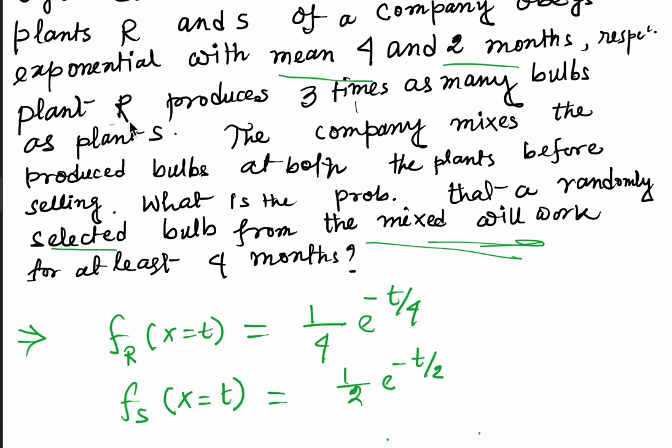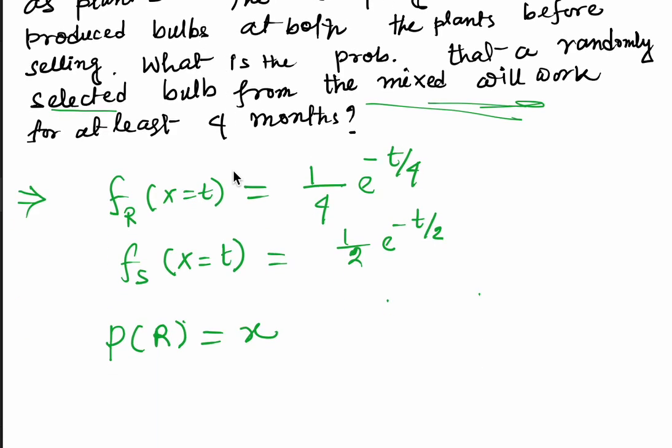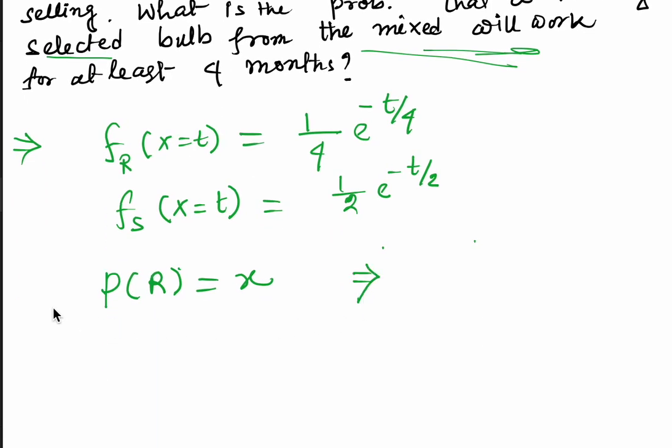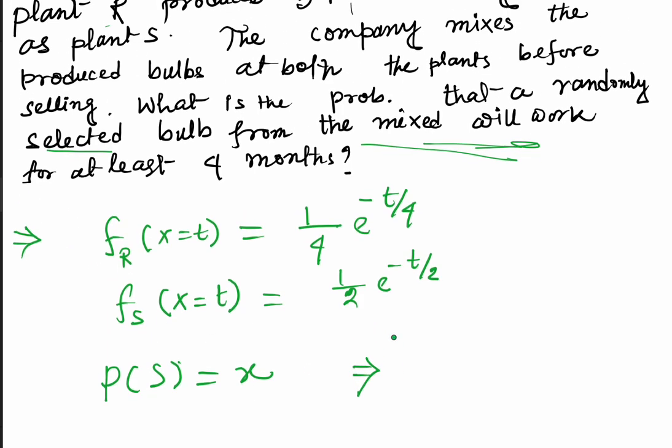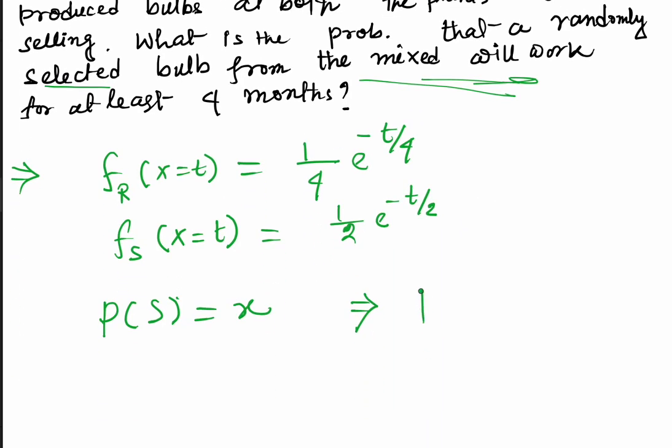Now it has been said that plant R produces 3 times as many bulbs as S. So that means P of R should be 3x.